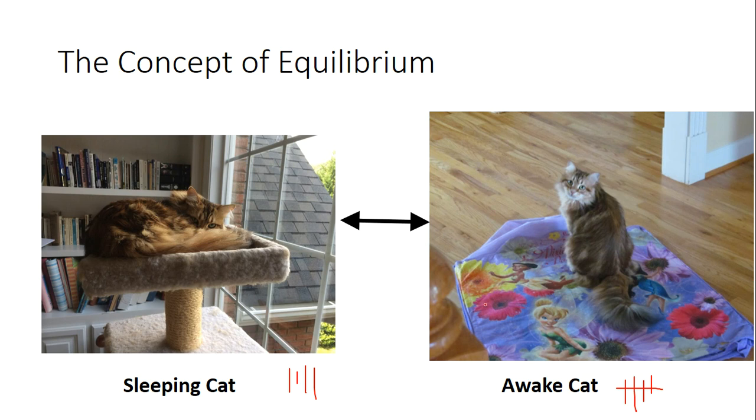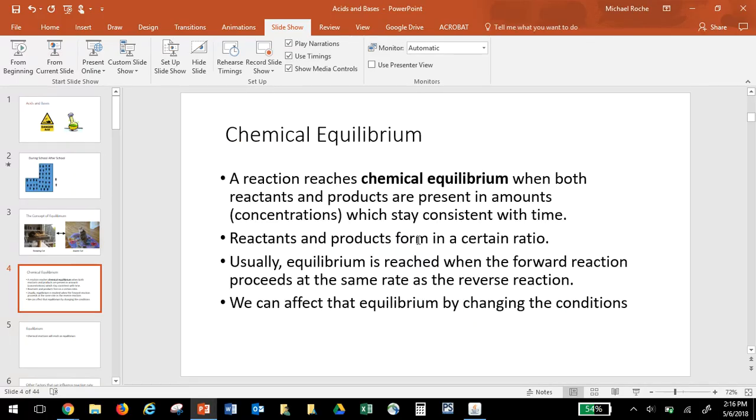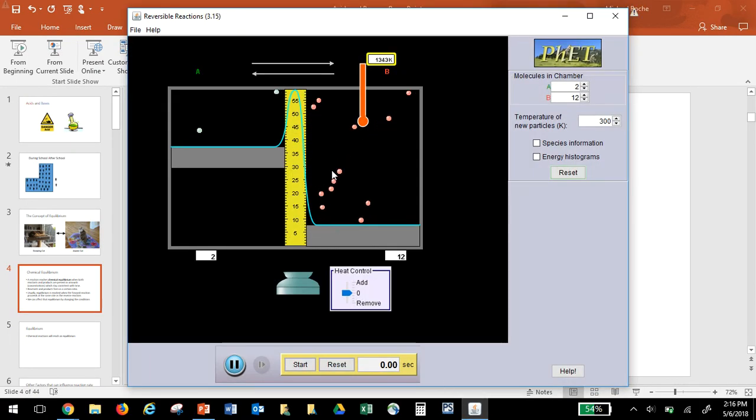And the difference between these two has to do with... so chemical equilibrium is when both reactants and products are present in amounts or concentrations that stay consistent with time. And the crux of all this, the reason this is happening, has to do with activation energy.